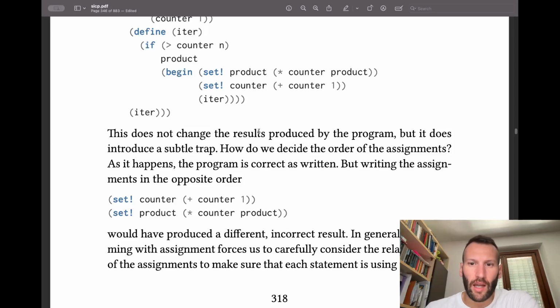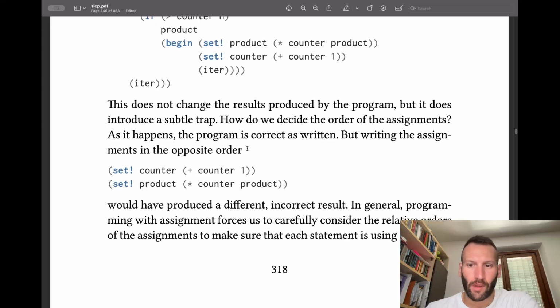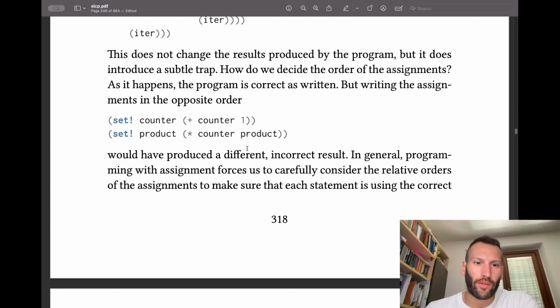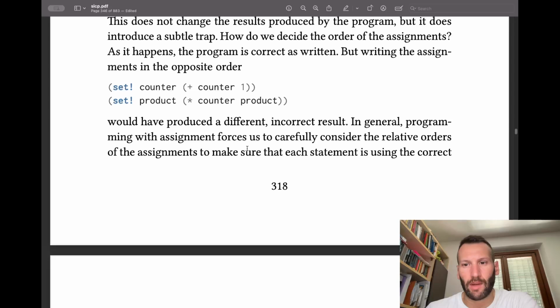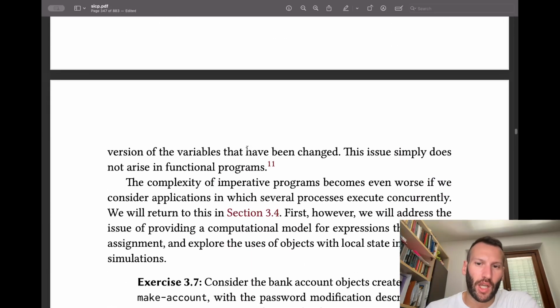How do we decide the order of the assignments? As it happens, the program is correct as written, but writing the assignments in the opposite order would have produced a different, incorrect result. In general, programming with assignment forces us to carefully consider the relative orders of the assignments to make sure that each statement is using the correct version of the variables that have been changed.